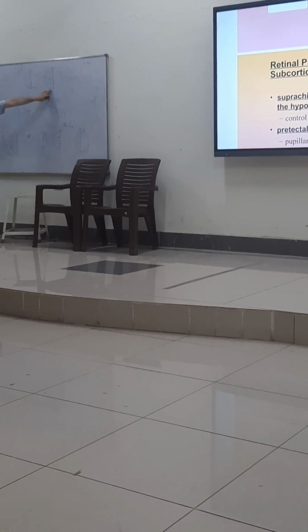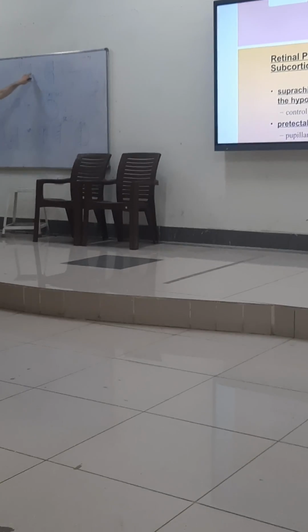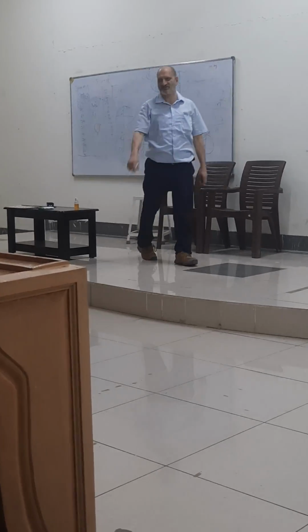Nasal from the right hand and temporal on the left hand. This central node denotes macular sparing. Do you understand that?